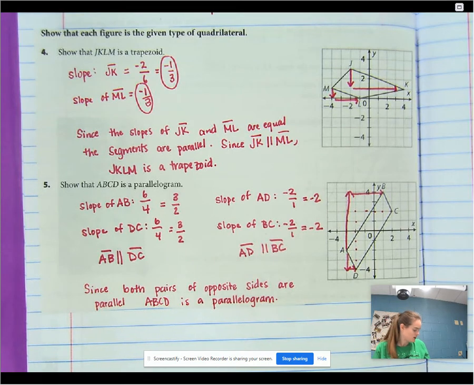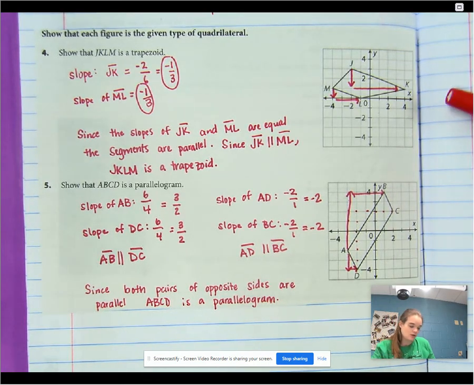Okay. Now we're going to do a couple from page 500. You need 7 and 8 from page 500. And that's it. You can throw away your papers after you get 7 and 8.